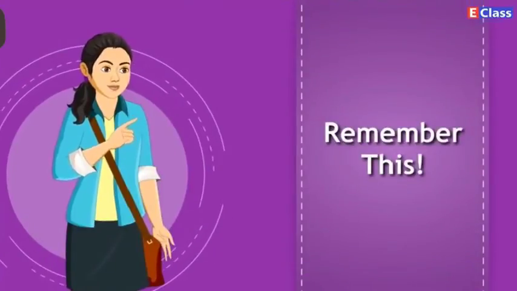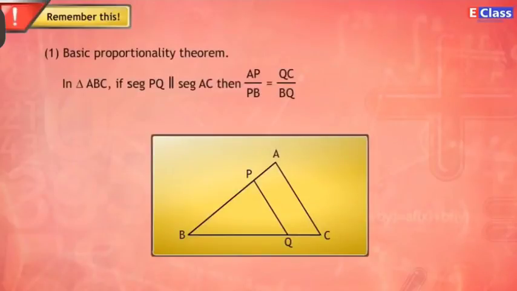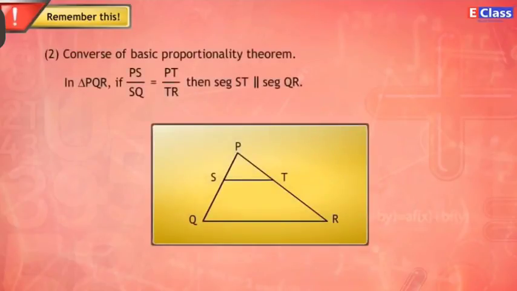Remember this. 1. Basic proportionality theorem. In triangle ABC, if segment PQ is parallel to segment AC, then AP upon PB is equal to QC upon BQ. 2. Converse of basic proportionality theorem.